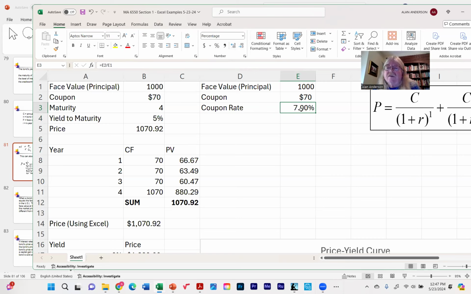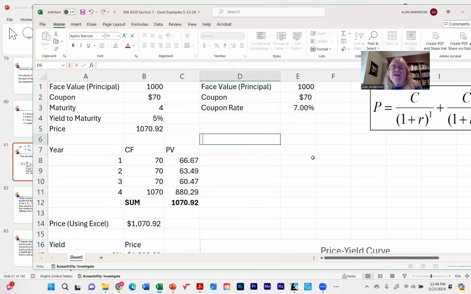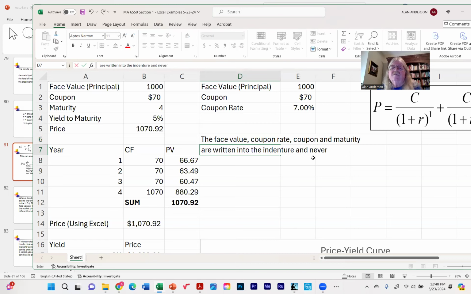So the coupon rate is 7, meaning 7% of 1,000. This is where the coupon comes from. The coupon is the dollar amount that you receive. The coupon rate is the percentage. Okay. That remains fixed. That never changes. So I'll just mention that here. The face value, coupon rate, coupon, and maturity are written into the indenture and never change.